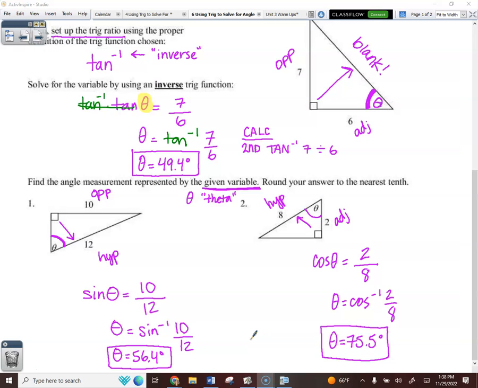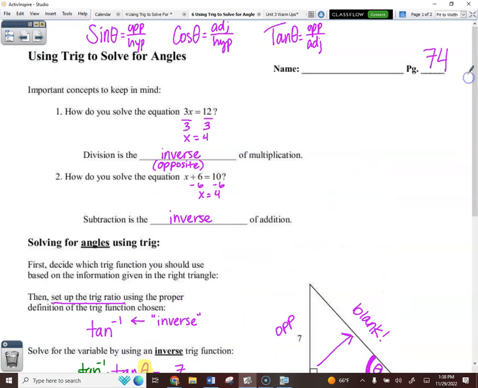Now that you have successfully practiced finding a missing angle using trig, the paper that you picked up off the corner of my desk is page 75, and look at the title, which means we are now putting together both, if it's a missing side or a missing angle.